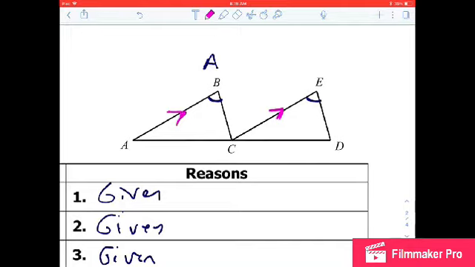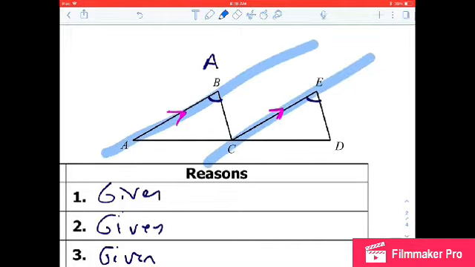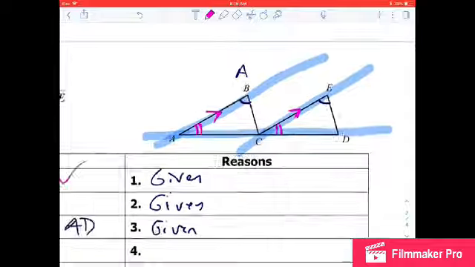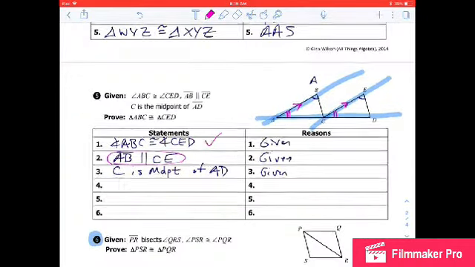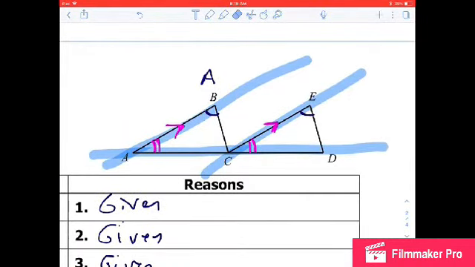Now, if you look at these two, they are connected by this transversal, okay? If they're connected by that transversal, look at the angles that they share. Right here, angle A and angle C. So those two angles are congruent because what kind of angles are they?